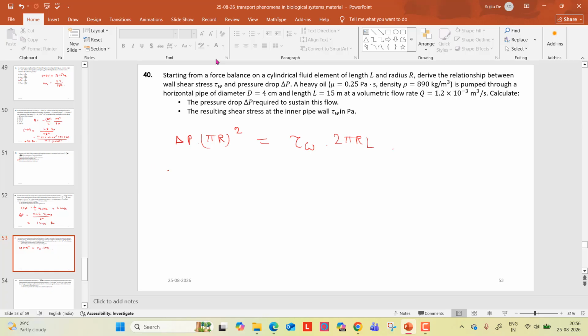So now tau W can be written as delta P R by 2L.